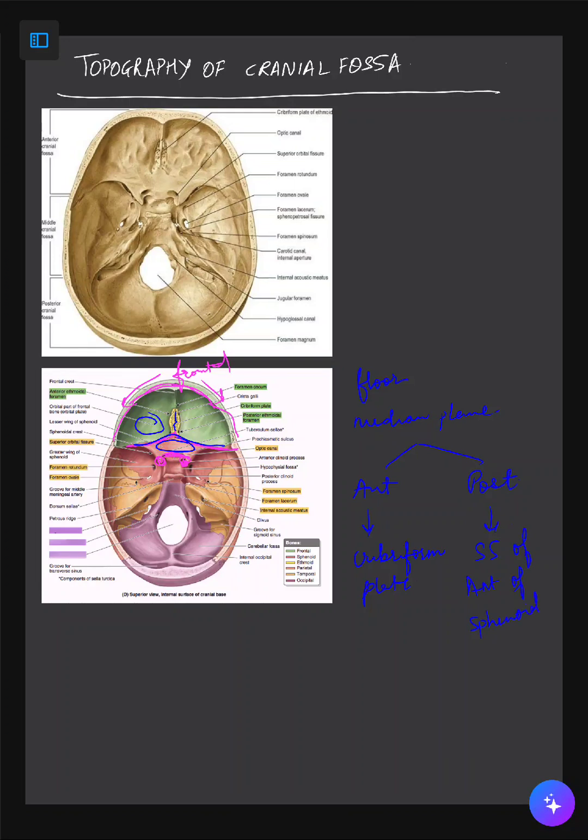On each side of the floor, anteriorly there is the orbital plate of the frontal bone and posteriorly the lesser wing of the sphenoid bone. Till here I hope it is understood.